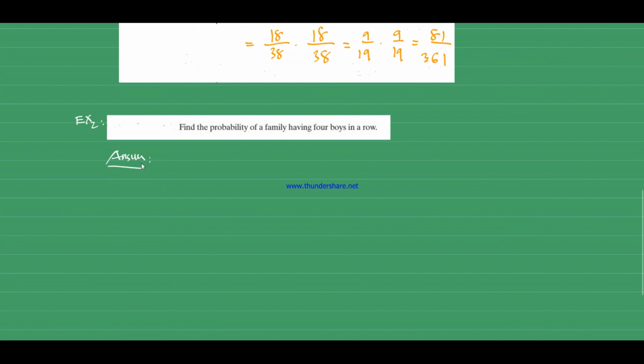So either you have boy or girl. So the first, second, third, and fourth. The probability of getting a boy is a half, right? The probability of 4 boys, first boy, 4 boys.